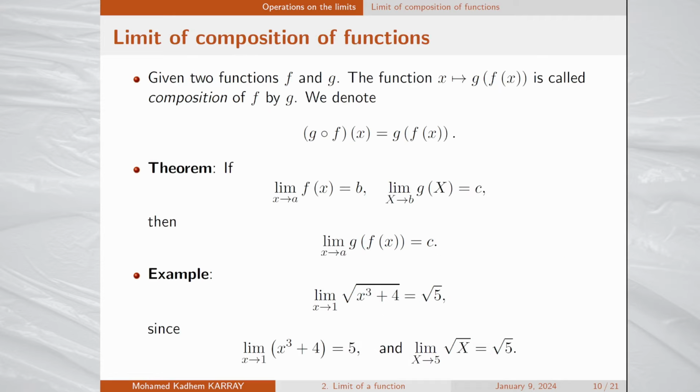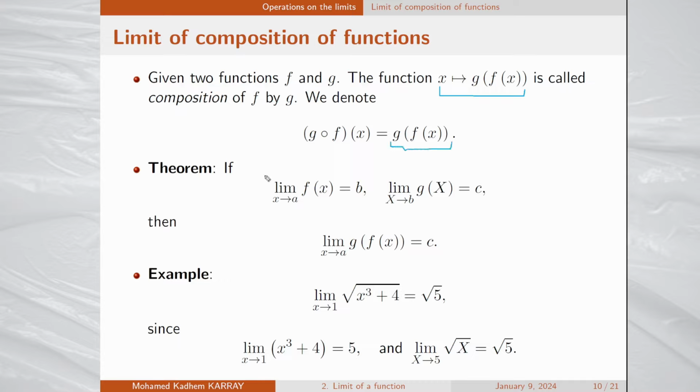We now state a result about the limit of composition of functions. Remember that if we have two functions, f and g, the function associating to each x, g of f of x, is called composition of f by g. We denote g composed with f of x equals g of f of x.